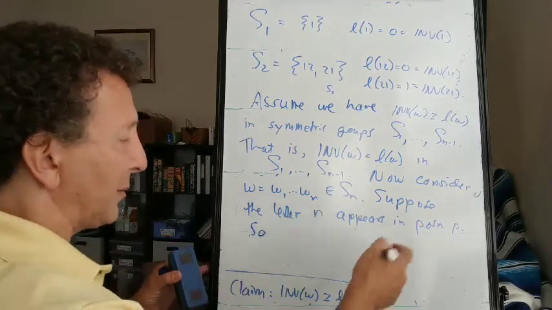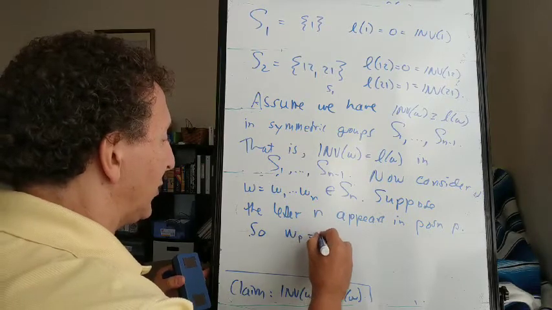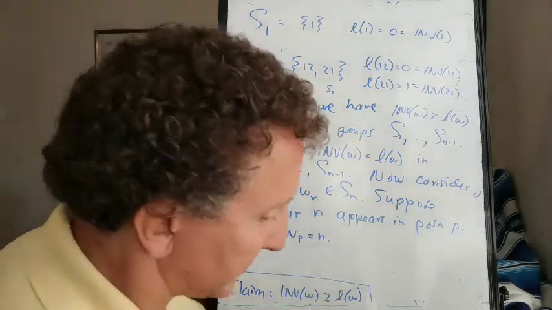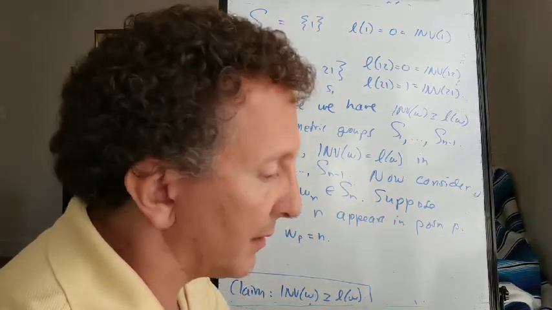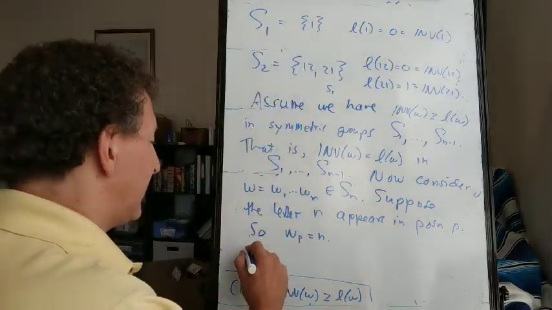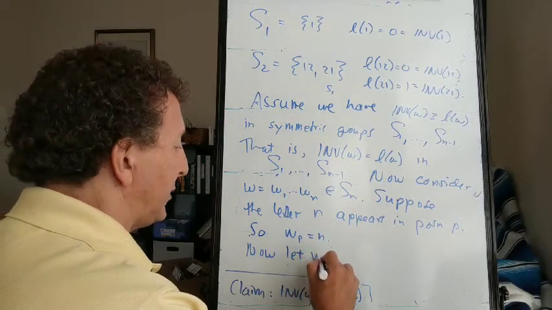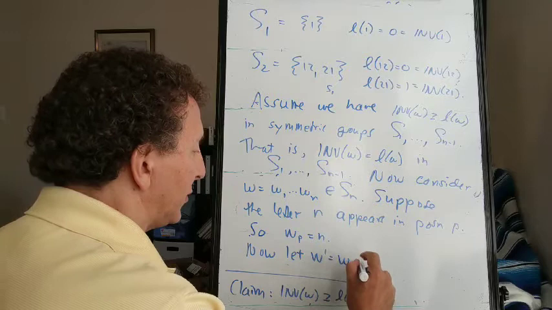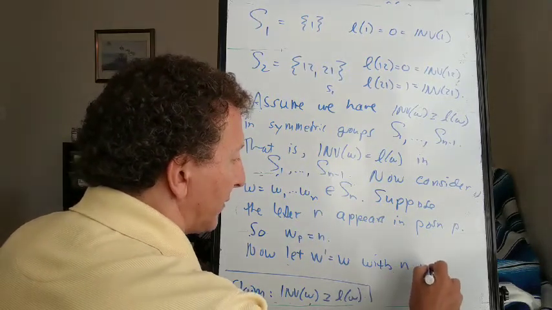So if the letter N appears in position P, we have WP equals N. Now let's let W prime equal W with N removed.